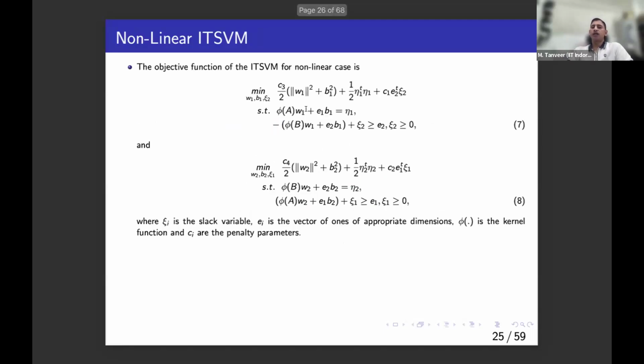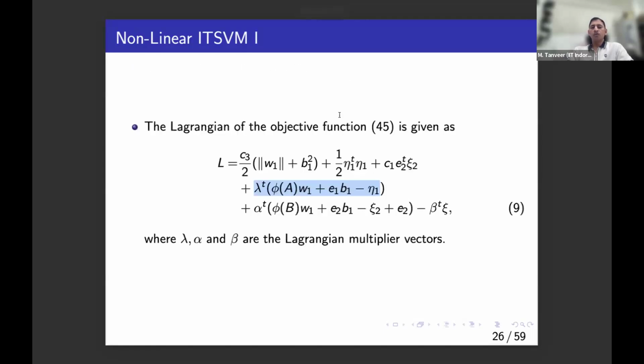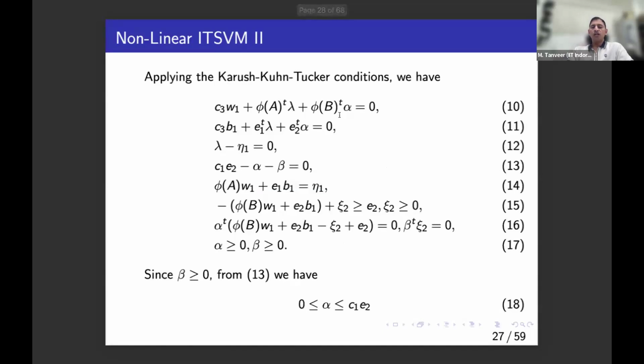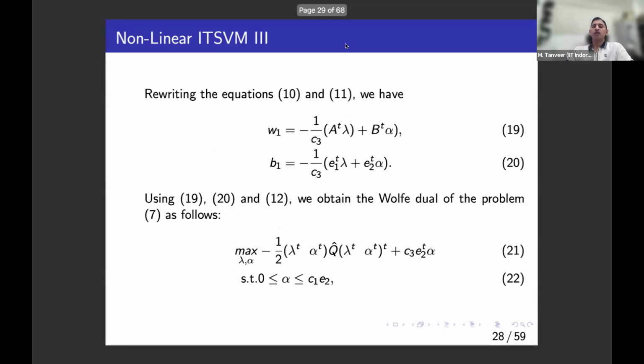Like this, phi A W1 plus E1 B1 equal to eta 1. Okay. And when they solve it, means use those KKT conditions, finally they get this W1 B1.